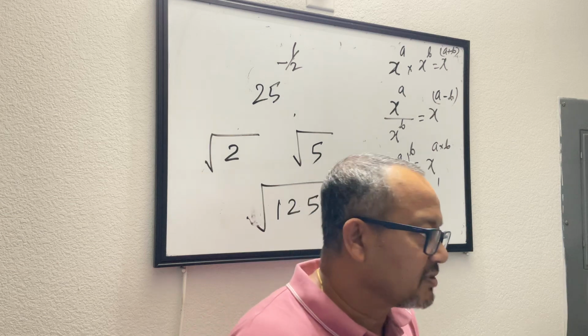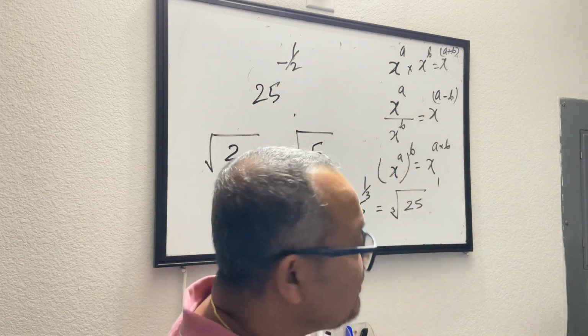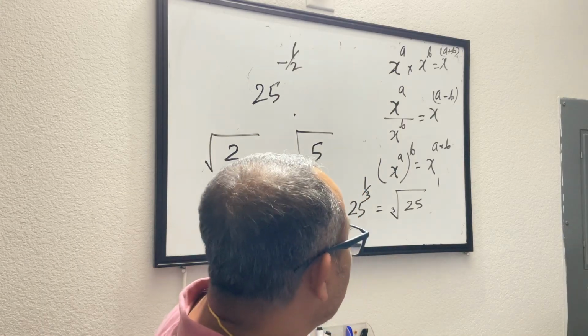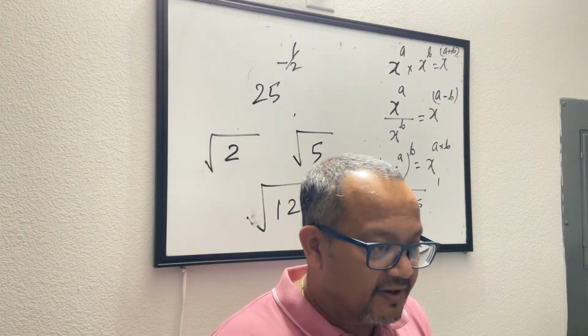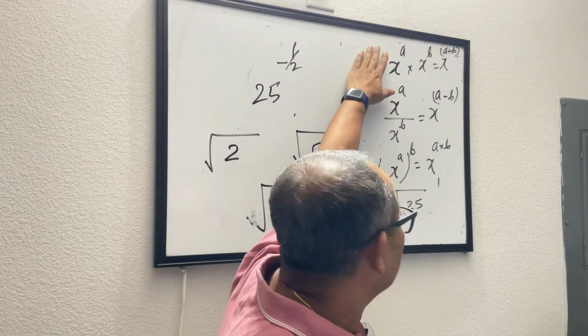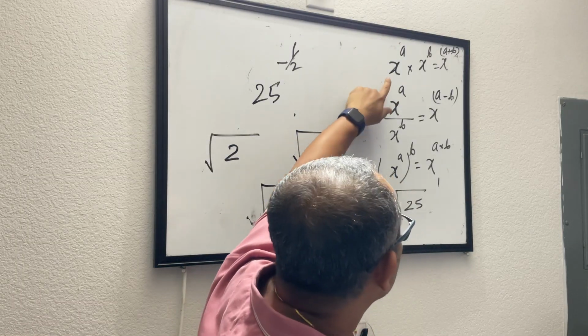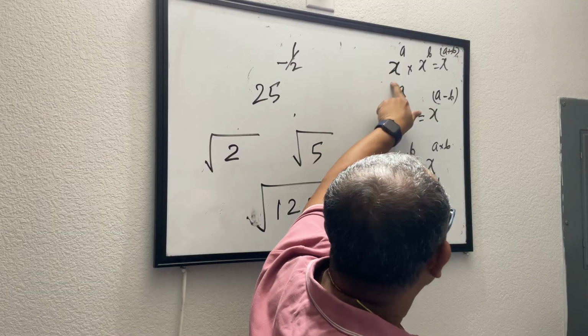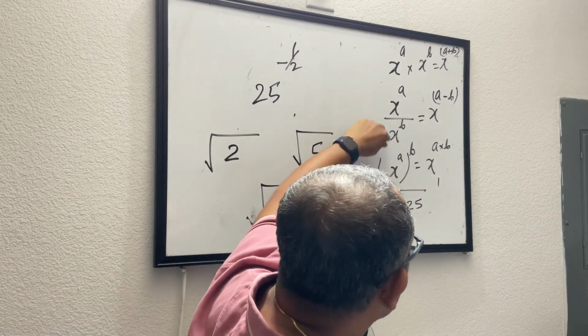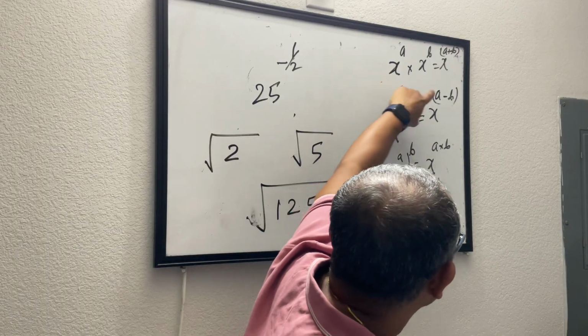But just to give you a summary of it, we are talking about radical and rational exponents. And it is nothing different. We just covered what we mean by exponents and what the basic rules of exponents are. When you are multiplying two exponents with the same base, the power gets added. When you are dividing one exponent by another with the same base, your power gets subtracted.